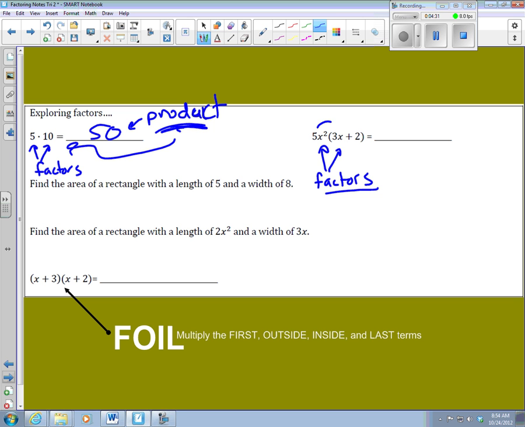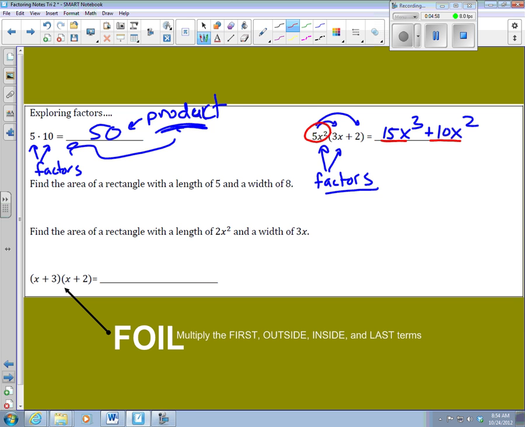If I was going to simplify this, I would use the distributive property. 5x squared, first of all, times the 3x is 15x cubed. And 5x squared times 2 is plus 10x squared. Now, this is what you're basically looking at. You're pulling out something out of these two terms that they have in common.